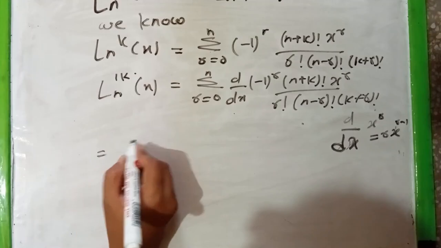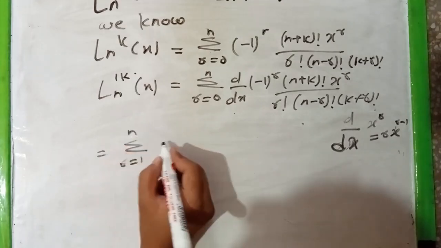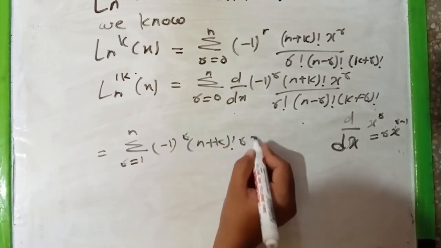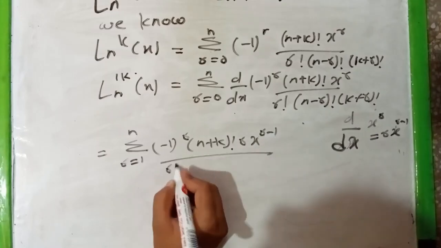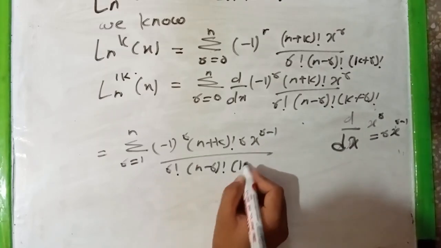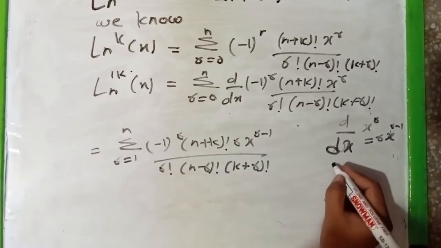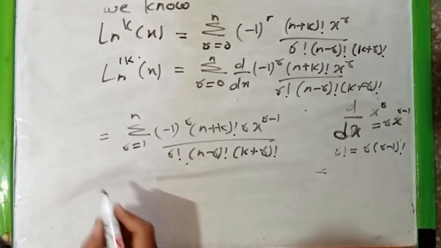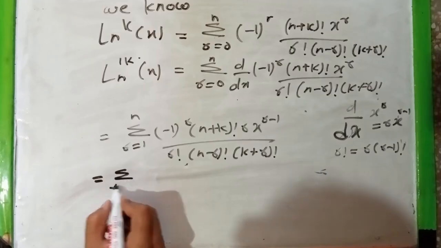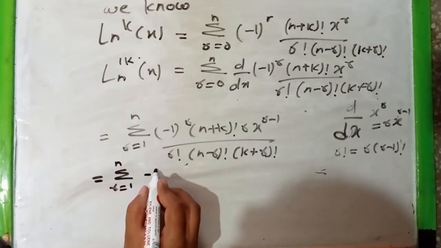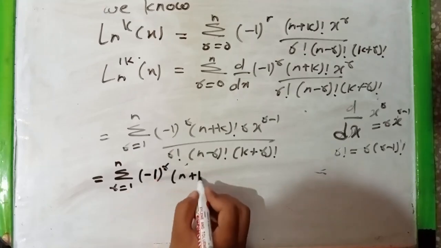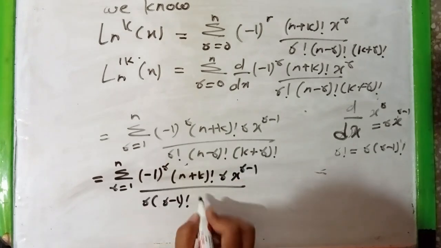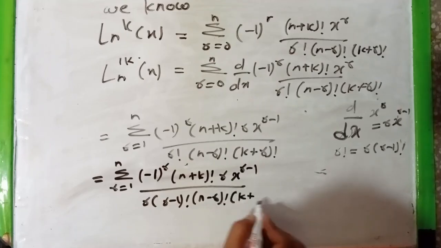So this becomes the summation over r from 1 to n of (-1)^r (n+k)! r x^(r-1) over r! (n-r)! (k+r)!. And we know r! is equal to r (r-1)!. So this becomes the summation over r from 1 to n of (-1)^r (n+k)! r x^(r-1) over (r-1)! (n-r)! (k+r)!.